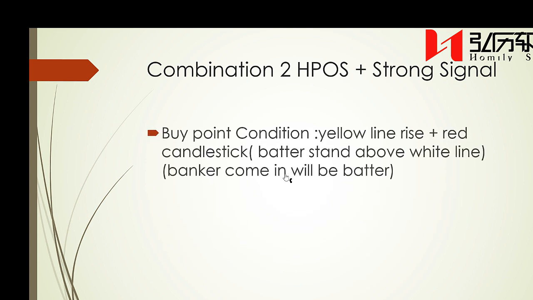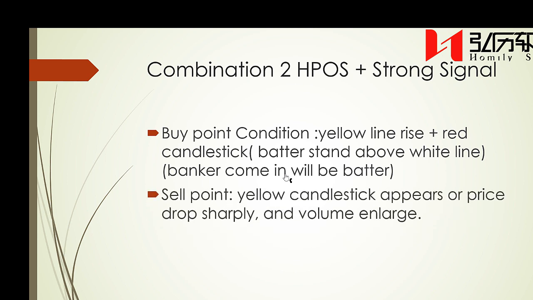The second combination is to combine with the strong signal. The buy point condition is that the yellow line rises and the red candle appears. That is when the buy point appears. The red candle is the strong signal.